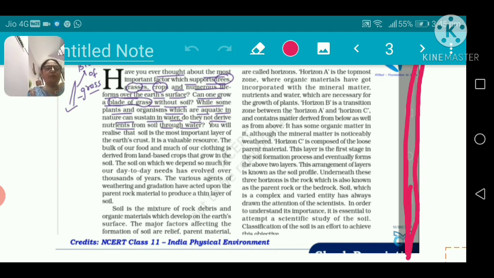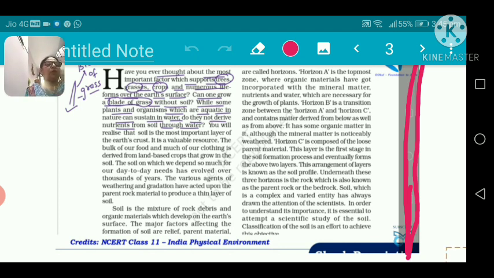The major factors for the formation of soils are relief features, physical features, that is climate, and temperature of a particular place. Parent material, and horizons. Horizon, I would like to show in your diagram also.